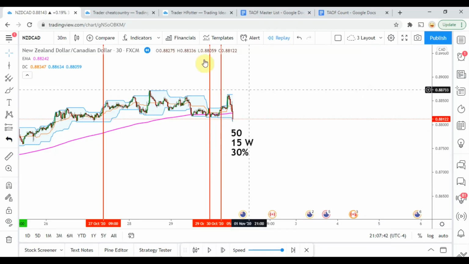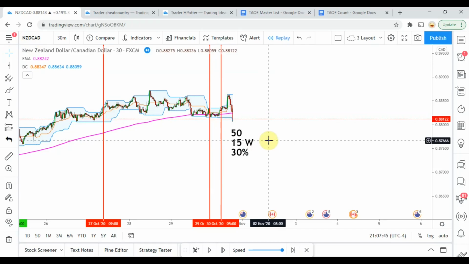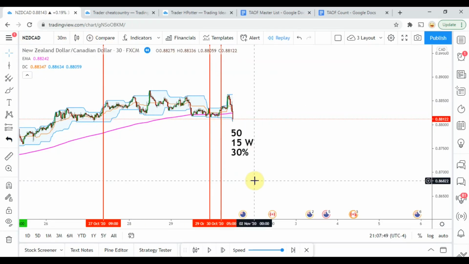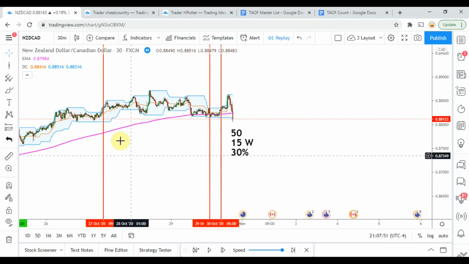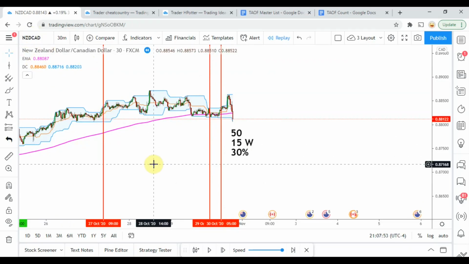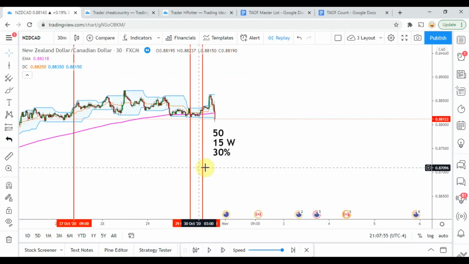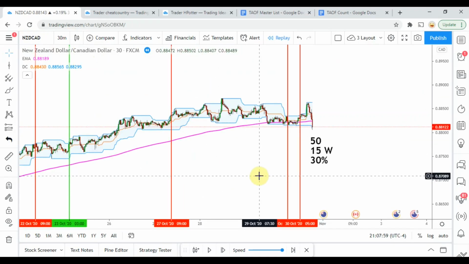Now, I don't know what pair they were specifically testing. I do know that they did say the 30-minute time frame. And so I just picked a random pair. And so, unfortunately, this one's not looking too good. Now, I will say there was something about this strategy that seemed like it could work. And I haven't played around with it other than the way it was initially said to test it.